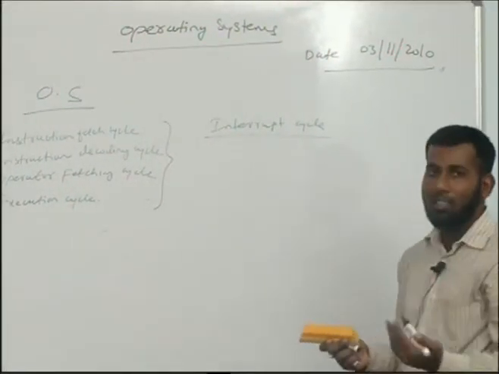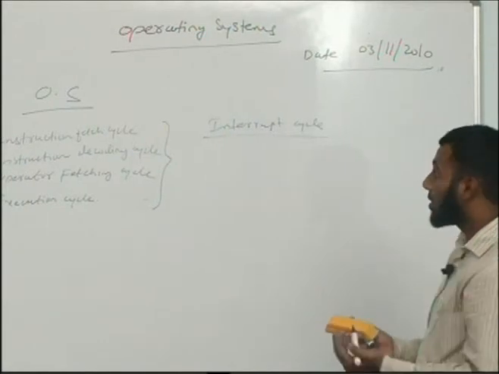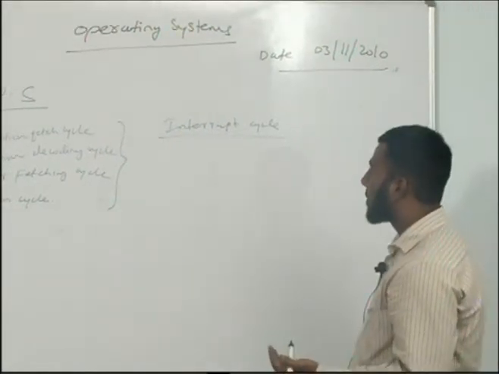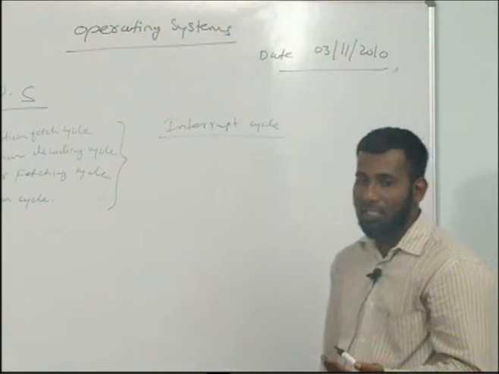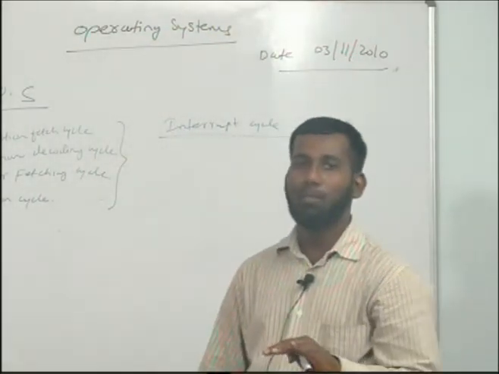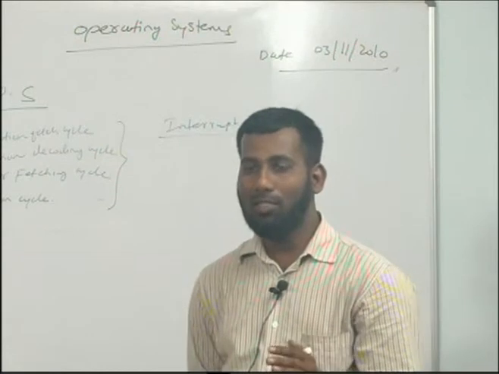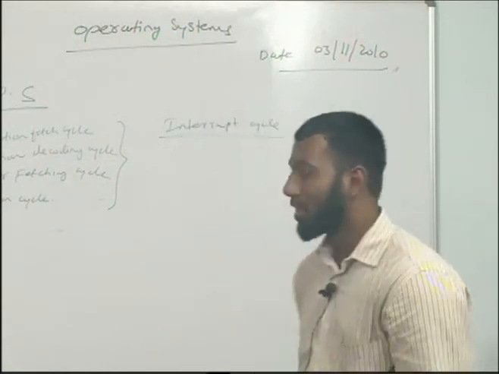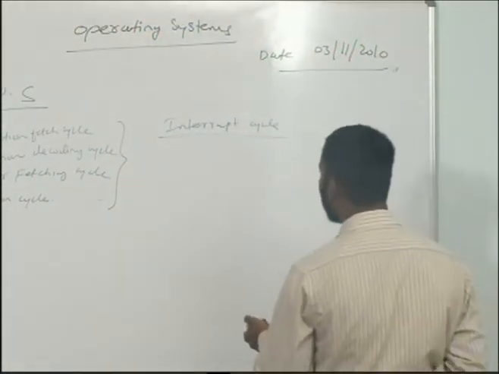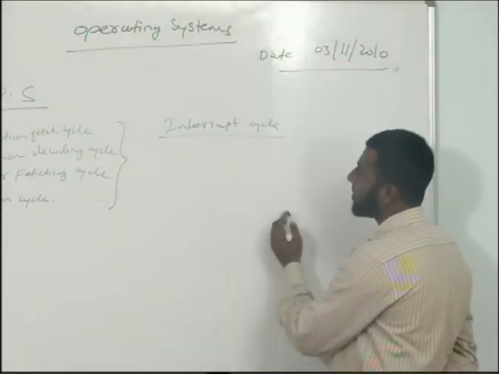An interrupt is nothing but a signal. For each signal, the operating system maintains a table called the interrupt service routine table, which contains code for handling those signals.